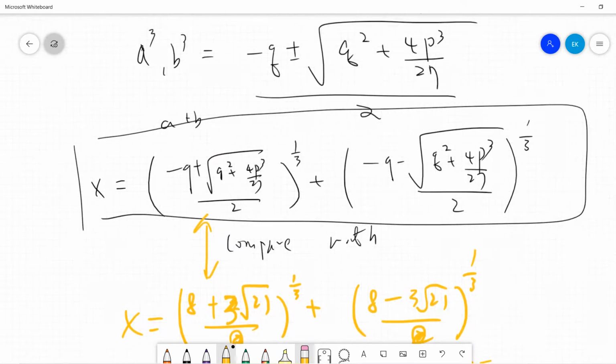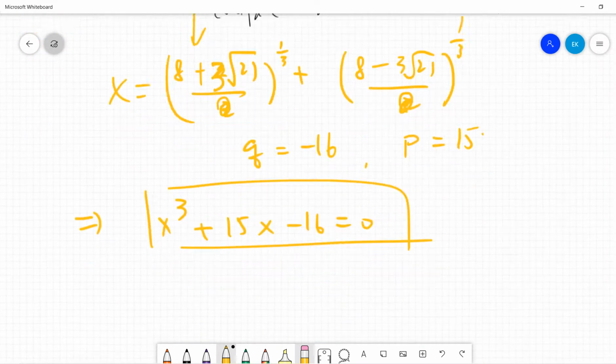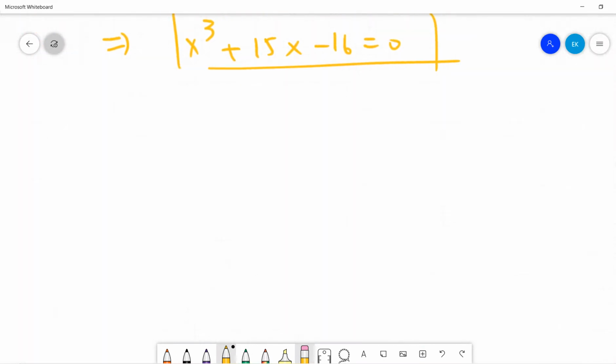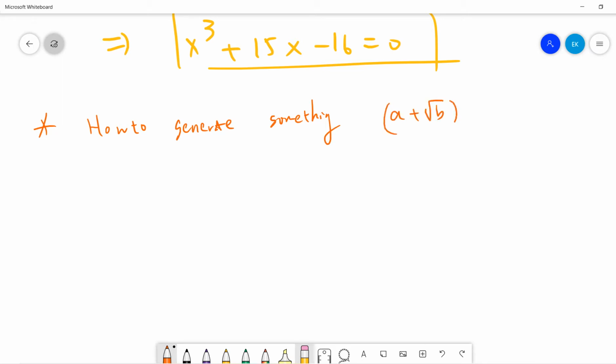Actually, if you're a troublemaker, then you can easily produce this type of equation by picking particular p and q, such that you can directly solve it. For example, if I want to set x to be 1, how to generate something which looks very stupid, like the cube root of a plus square root of b plus the cube root of a minus square root of b equals 1.